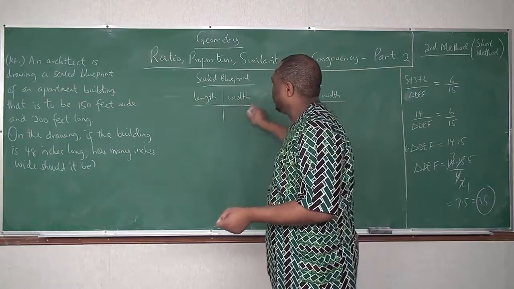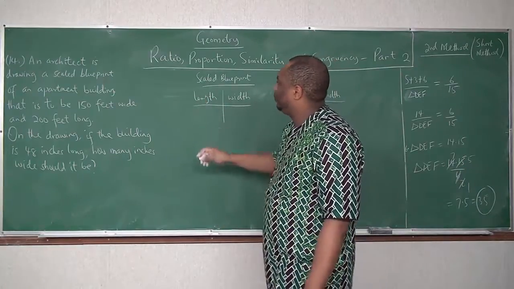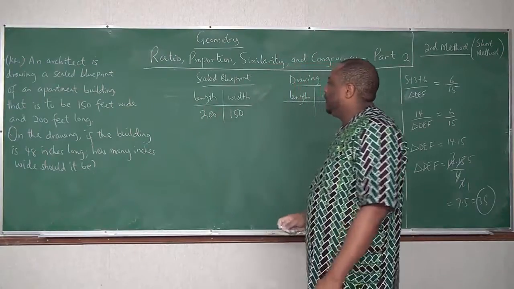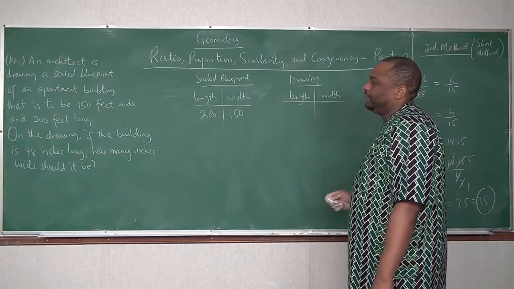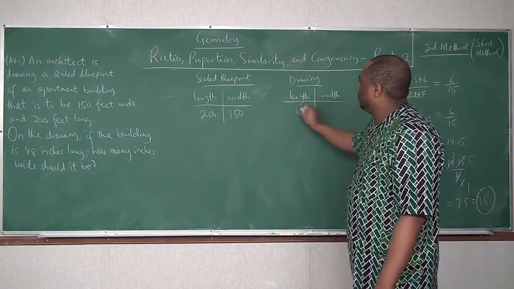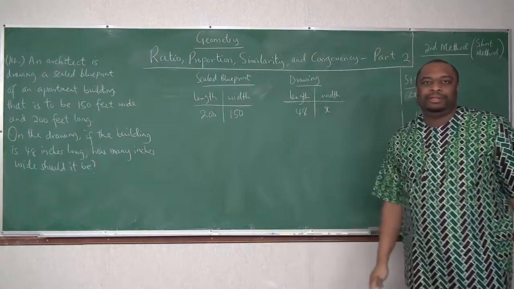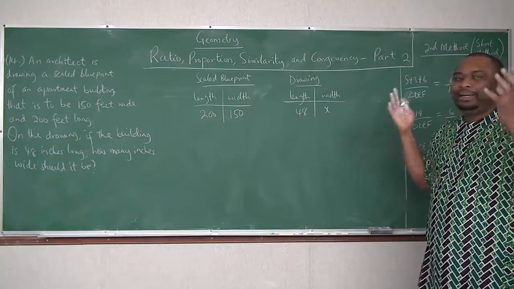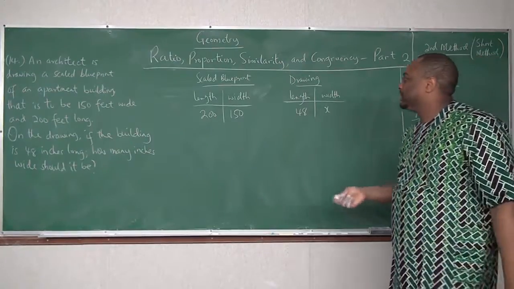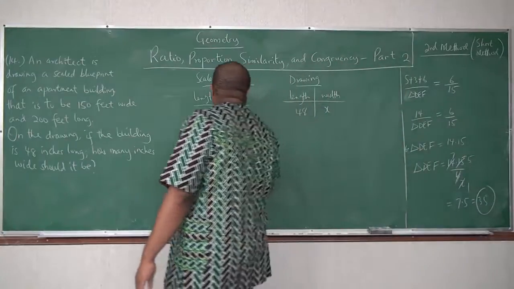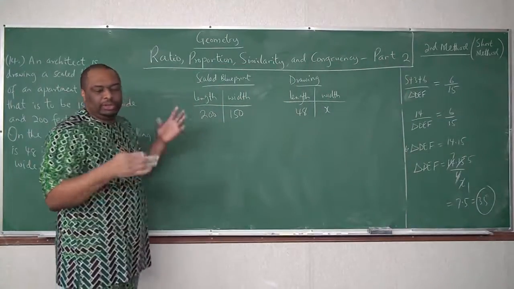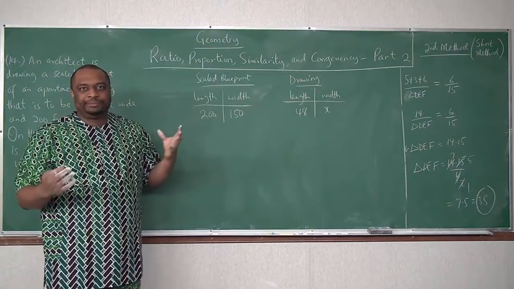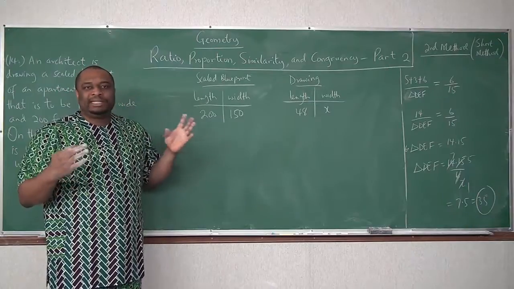The actual building is 200 feet long and 150 feet wide. Here, the building is 48 long, and they're asking you for the width. Let the width be x. So it's proportional reasoning, and with proportions you can write it several ways.